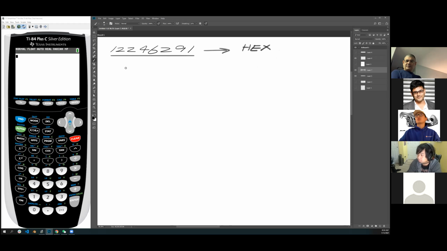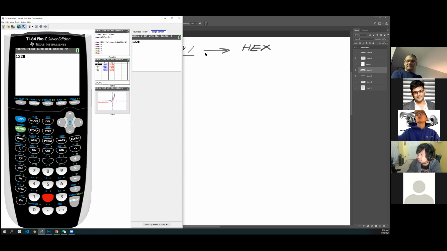So what we need to do is divide this number by 16. So we will have the first digit. So this number divided by 16. So I will put it here. 1, 2, 2. Can you see it? It's blocking. I can't see it.